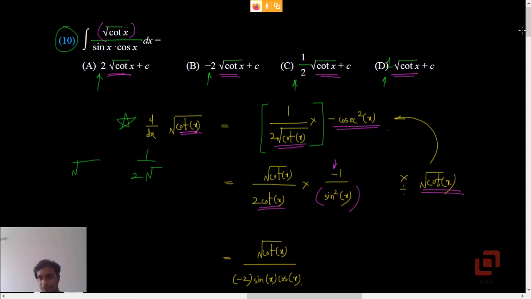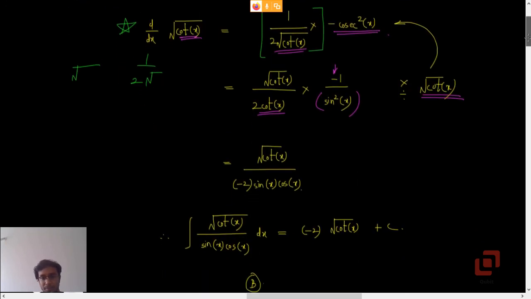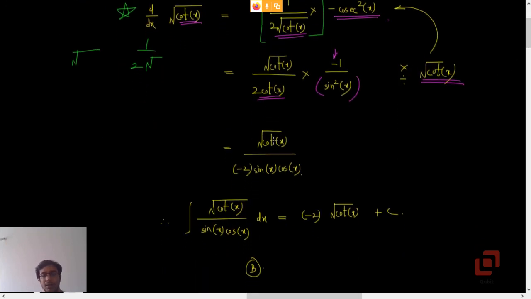Next step, keep root of cot x as it is, and rewrite cot x into sin squared x as sin into cos. How?